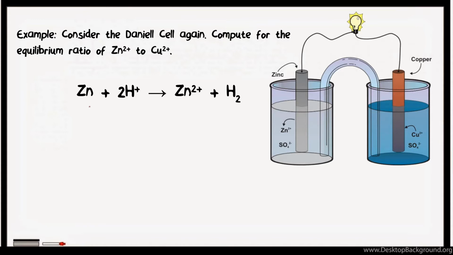So again, ito yung reaction natin mula sa kanina. So your KEQ is equal to products over reactants. Dapat ito ay copper 2 plus and this is copper.